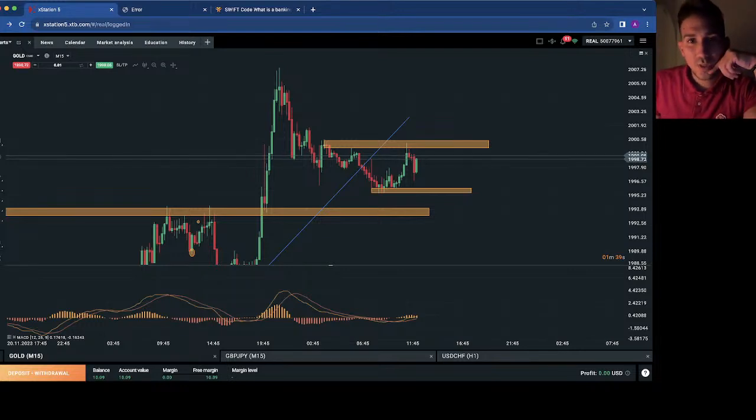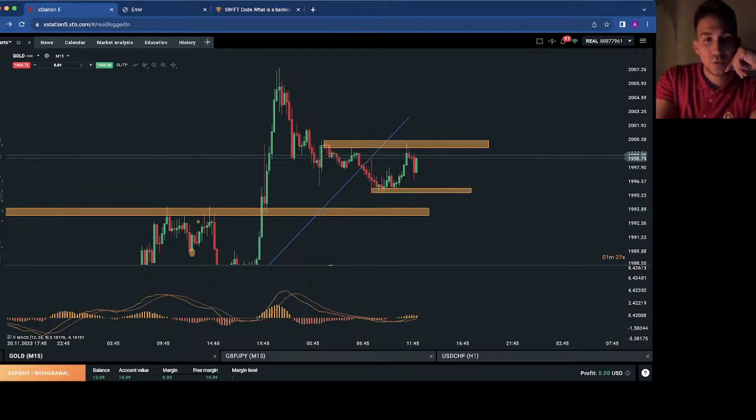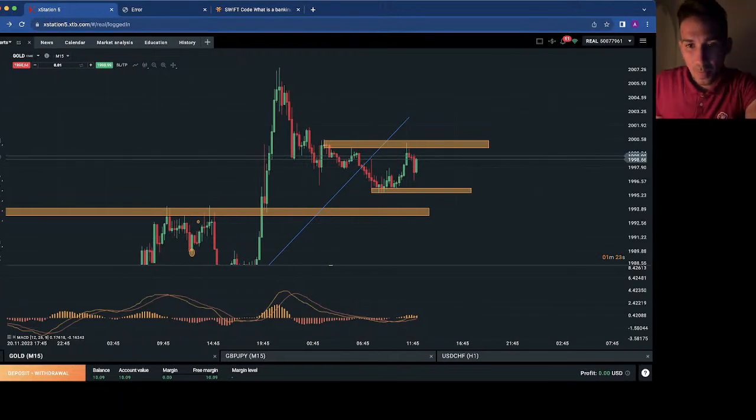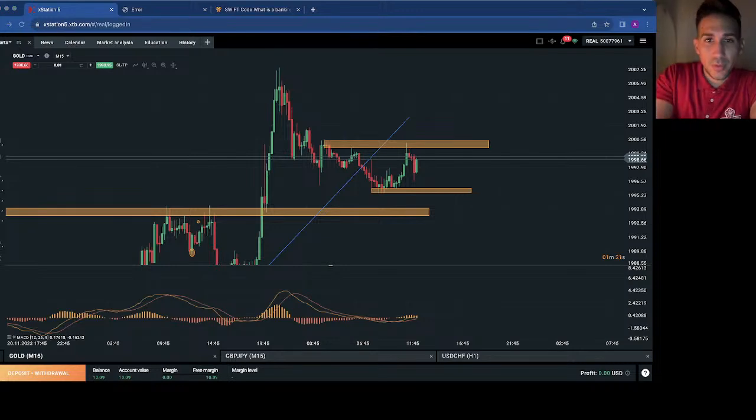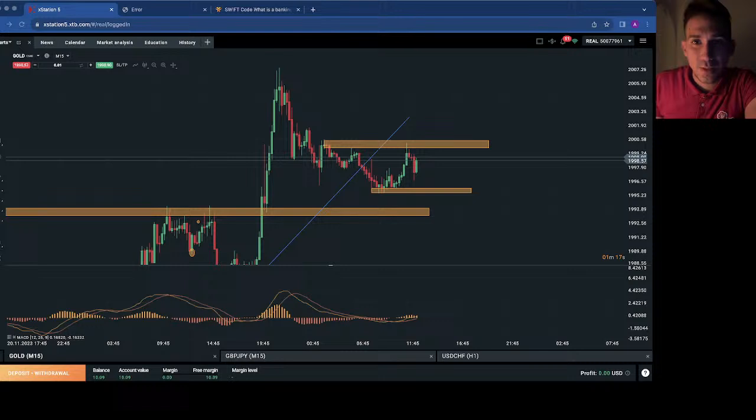So if it touches the area again, there are two things that might happen: we're still in this range between these two areas, or we're going to pass. Let me show you in a better trading view. This is the place where I make the analysis.